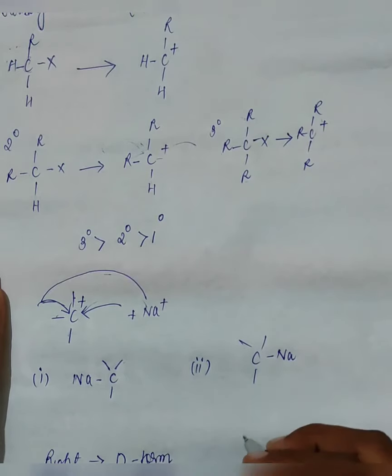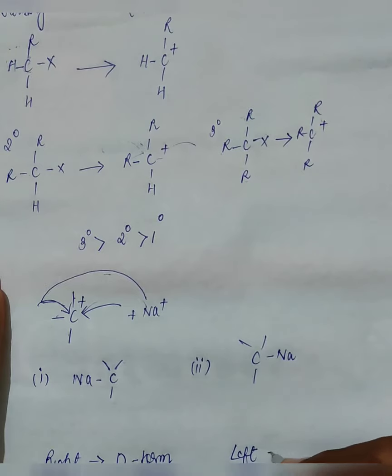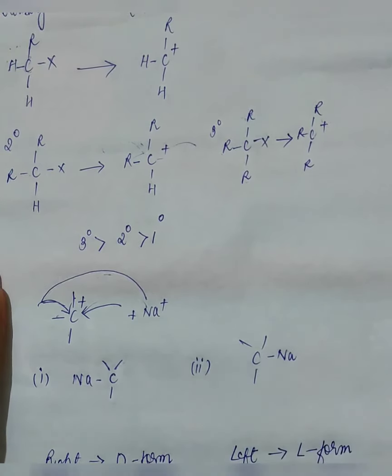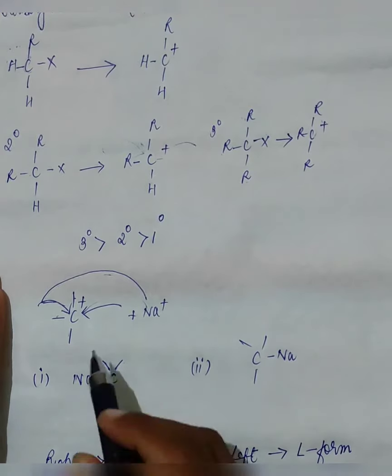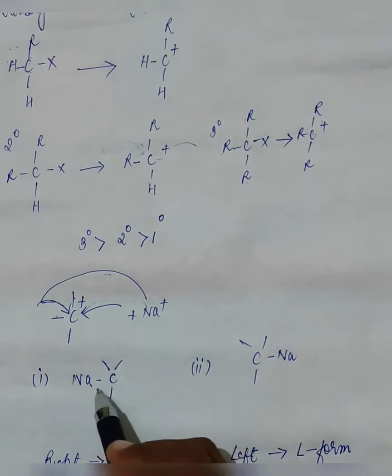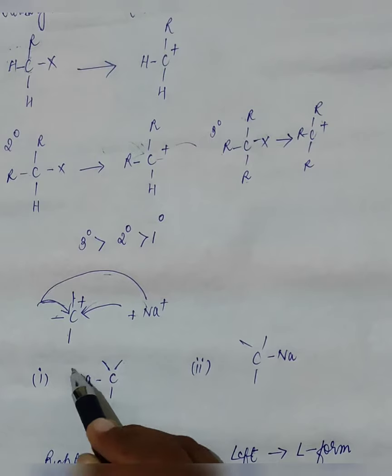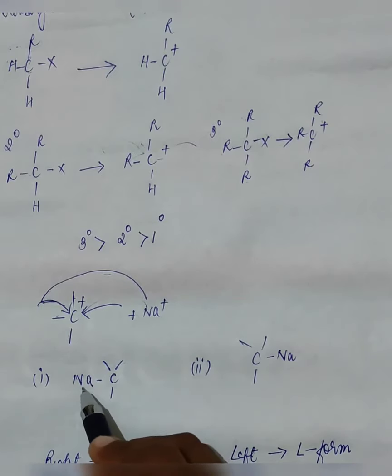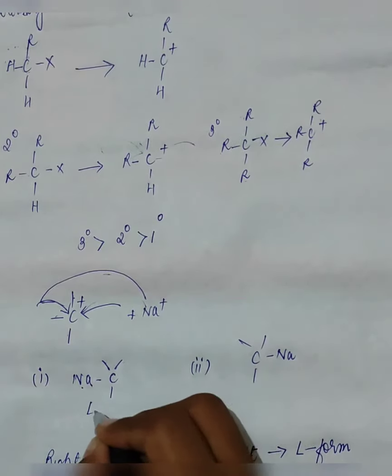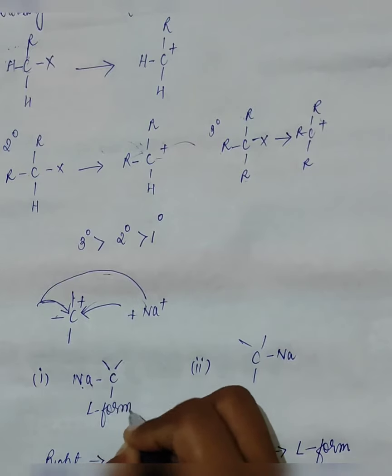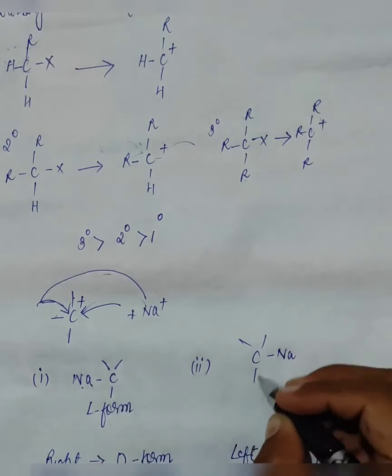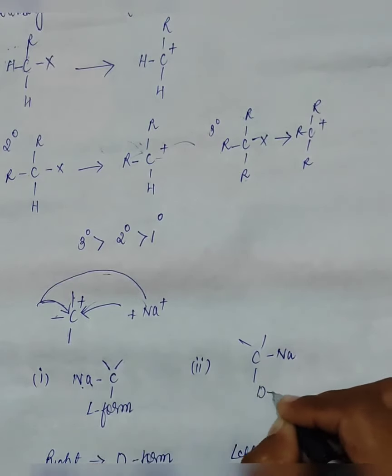If it rotates towards left, it is known as levorotatory or L-form. How will you know whether it is rotating right or left? Now if the nucleophile after attack is placed on the left hand side, it is the L-form. If it is placed on the right hand side, it is the D-form.